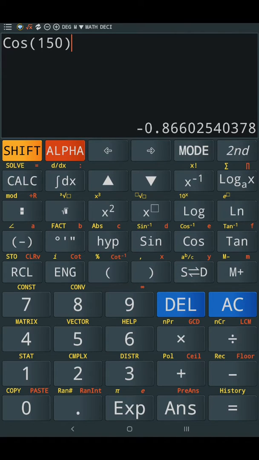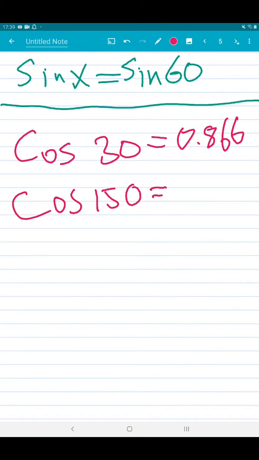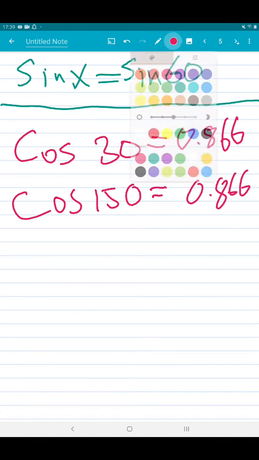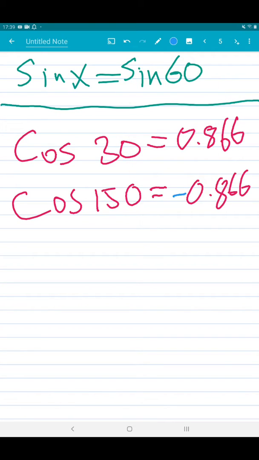It's minus 0.866. So what is the relation between cosine 30 and cosine 150?